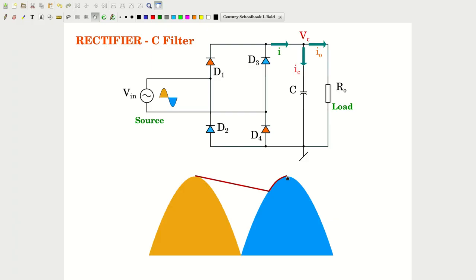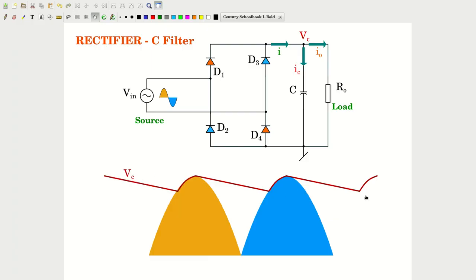Then after this point, the period repeats, and you will see the capacitor discharging in this fashion. The moment the capacitor starts discharging like this and the input also starts to flow down along the sinusoidal path, you will see there is a difference in potential. The diodes are reverse biased and they turn off.